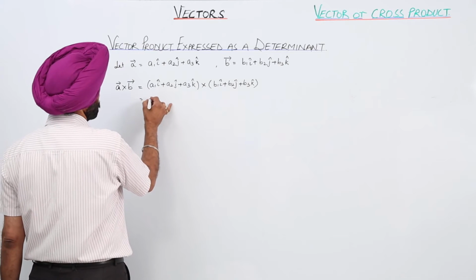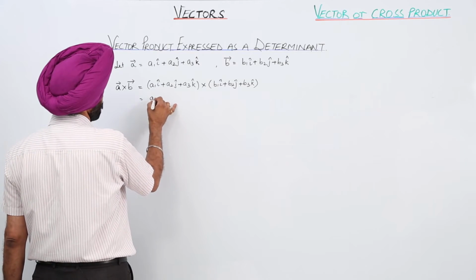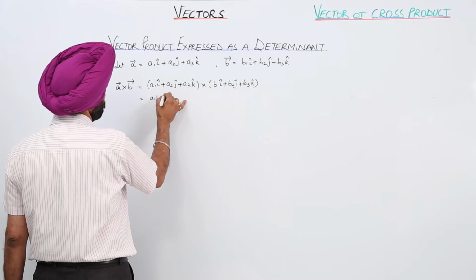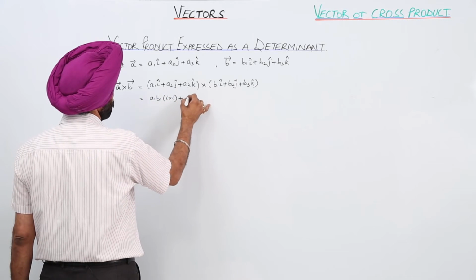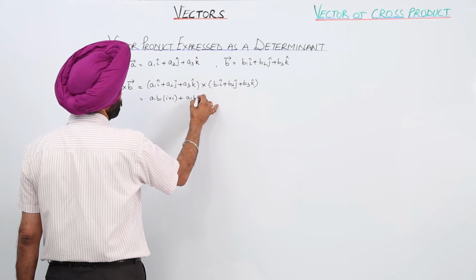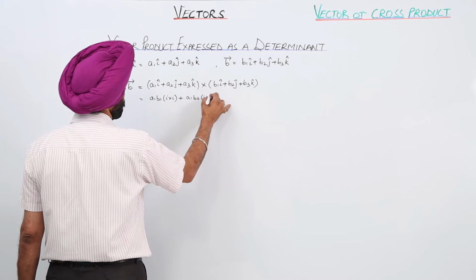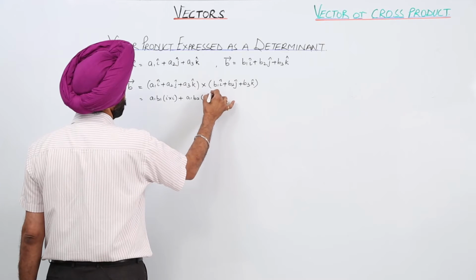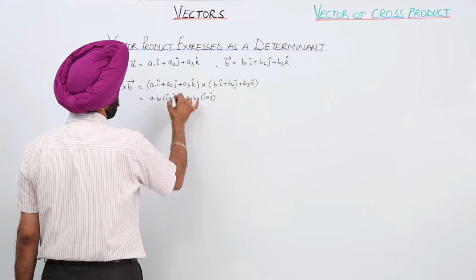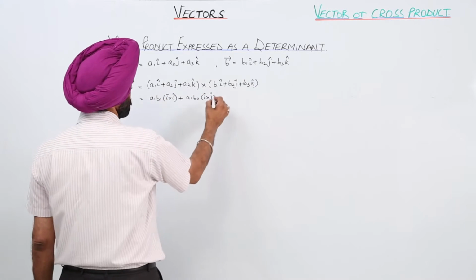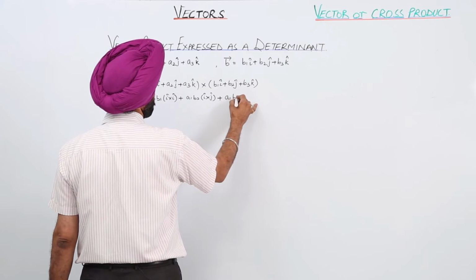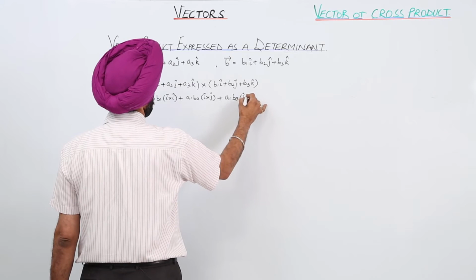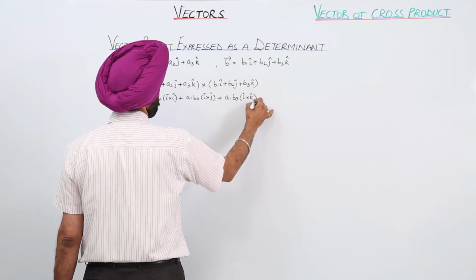Now this is a1 b1 i cross i, plus a1 b2 i cross j, sorry, i cap, plus a1 b3 i cap cross k cap.